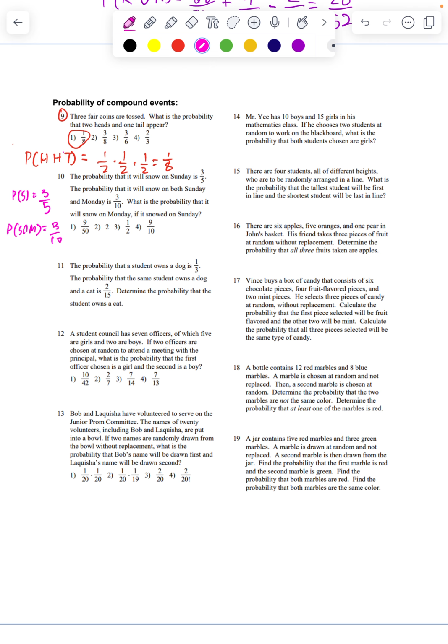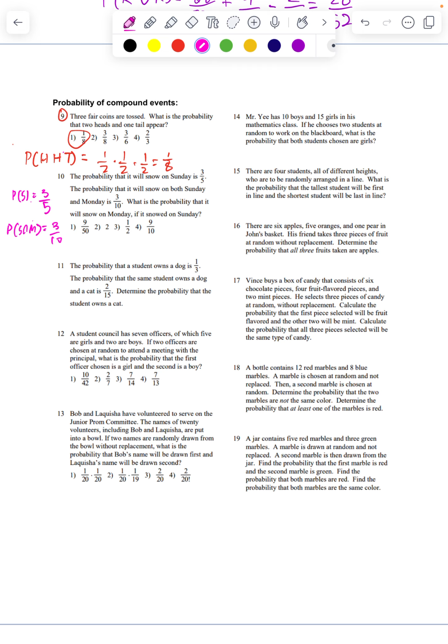Now it's asking, what's the probability that it will snow on Monday if it snowed on Sunday? So now it's asking us to find the unknown variable, which is that it'll snow on Monday. We have the probability of snowing on Sunday and the probability of snowing on both Sunday and Monday.